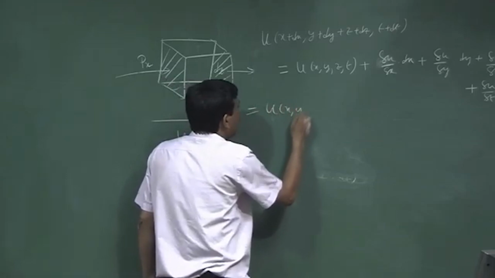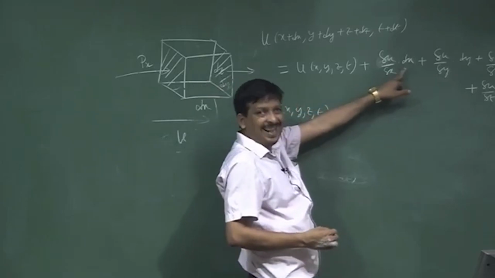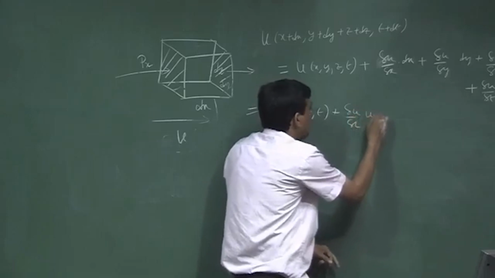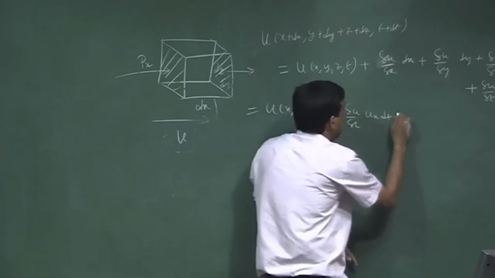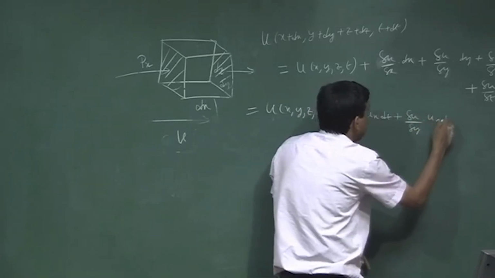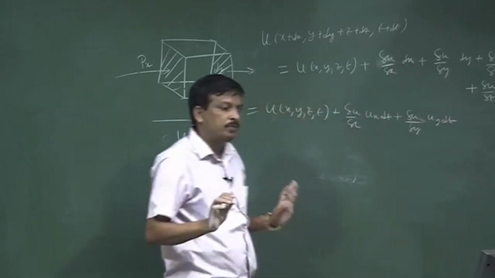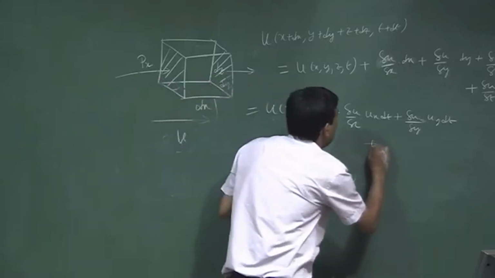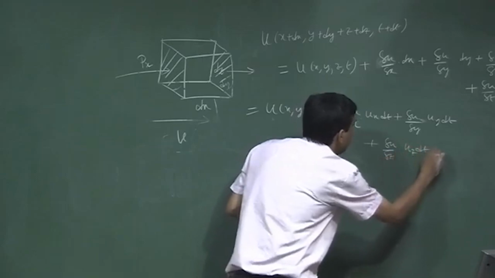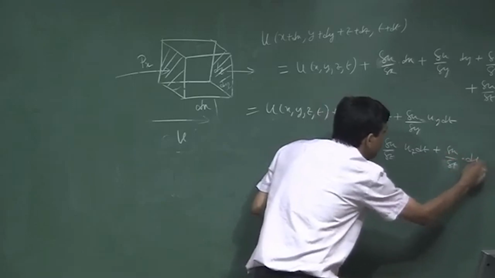So the equation becomes u at x, y, z, t plus del u by del x into ux dt plus del u by del y into uy dt plus del u by del z into uz dt plus del u by del t into dt. So dt is common.